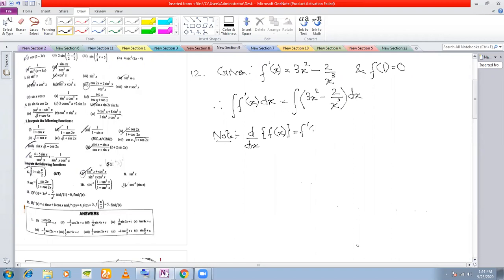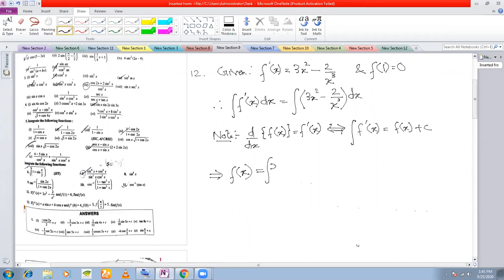F dash x, right? That means since integration is the reverse process of differentiation, if I integrate f dash x, I'm going to get fx, right or wrong? So if I integrate f dash x, I'll get fx.